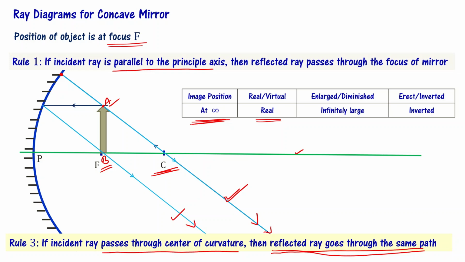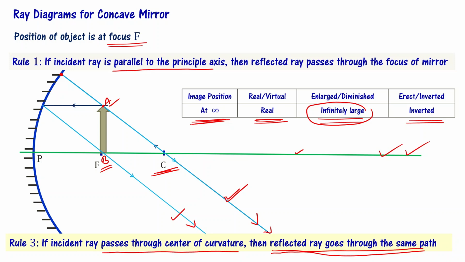In that case you can still say that the image is going to be real and the image is going to be infinitely large. Why infinitely large? Because A prime has gone beyond the screen and B prime comes on the principal axis, right? Therefore the image is going to be very large and the image is going to be inverted.